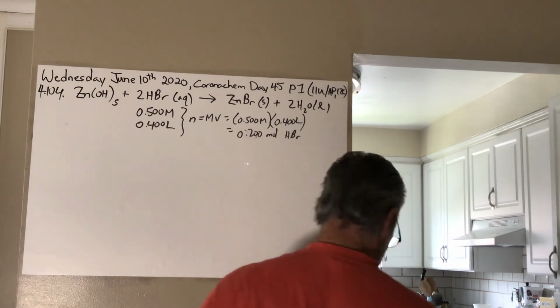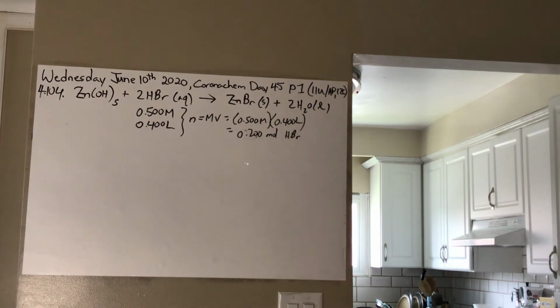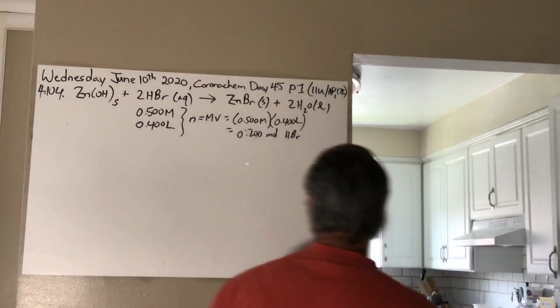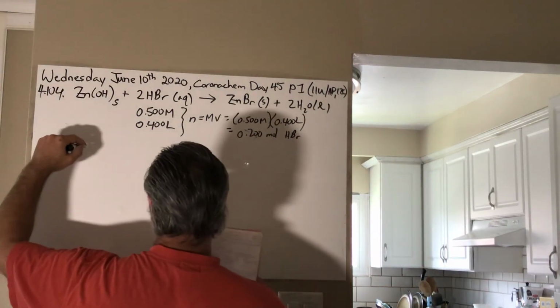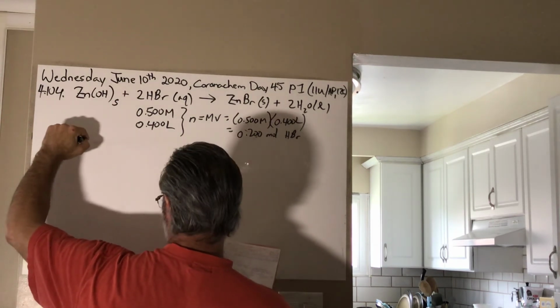They initially added an additional amount in another reaction where they titrated the remaining HBr with sodium hydroxide.